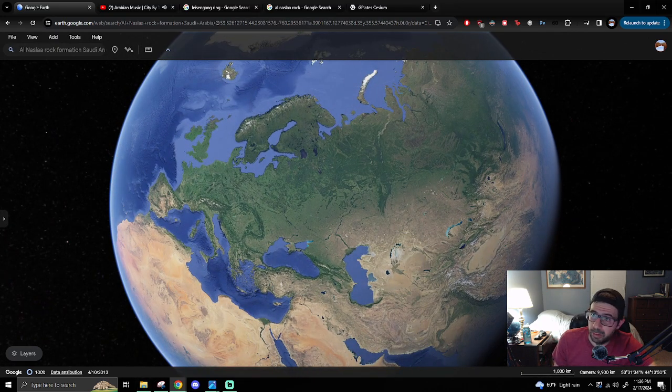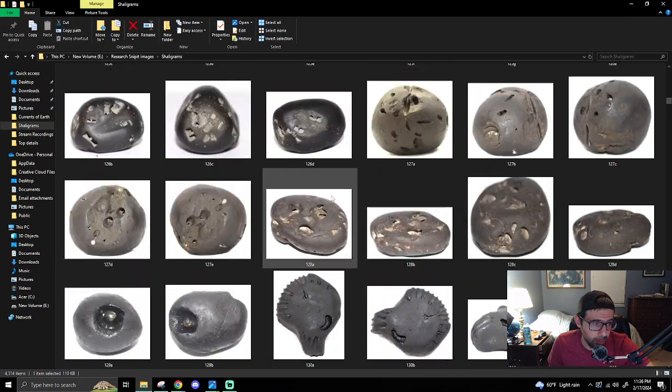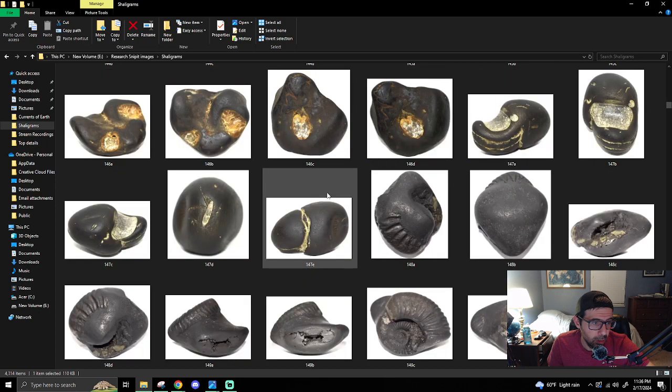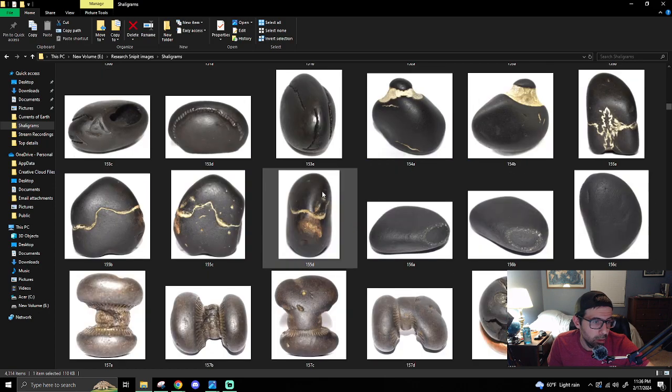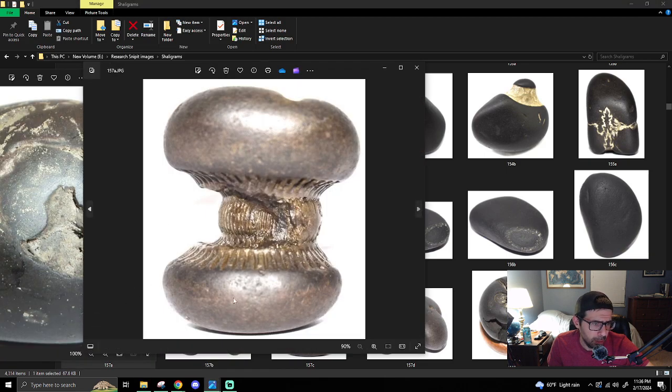Makes me think of, let's see if we can find it. It's probably down further. This one. Makes me think of that. Almost looks like physically spread out.